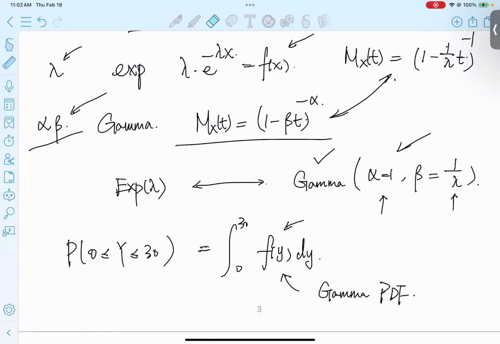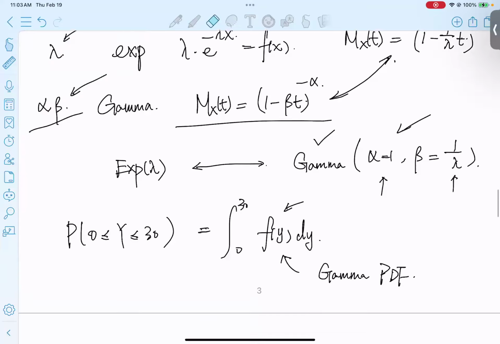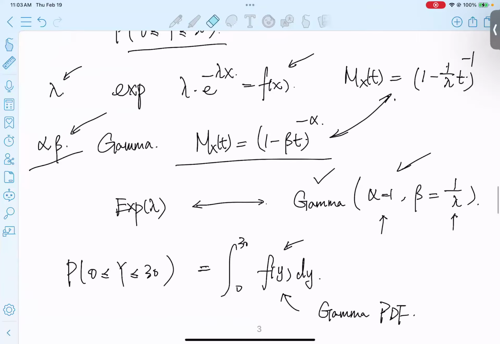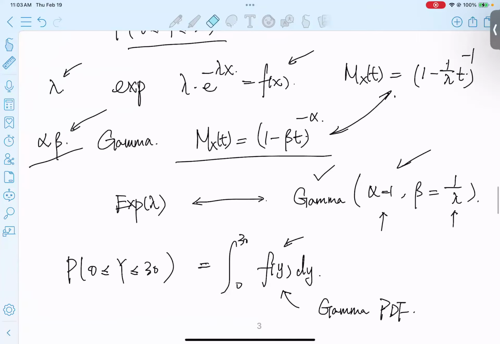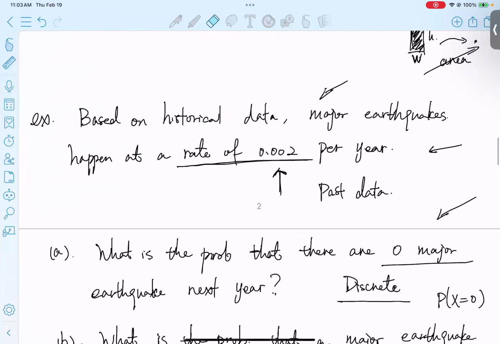But for textbook purposes or for homework and midterm exams in a school setting, it's just based on what information you have or what the question is asking for. If the question only provides you lambda, then that's the only information you have, so you can only choose the Poisson here.